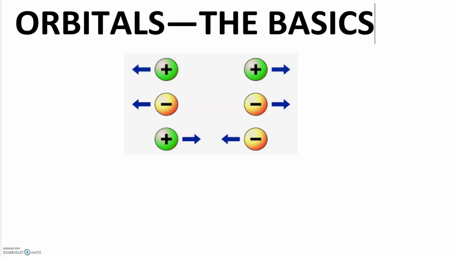So here's what happens when we start trying to put objects with different kinds of charges together. We know that if you try to put two like charges next to each other, they repel. It's just a thing that they do.